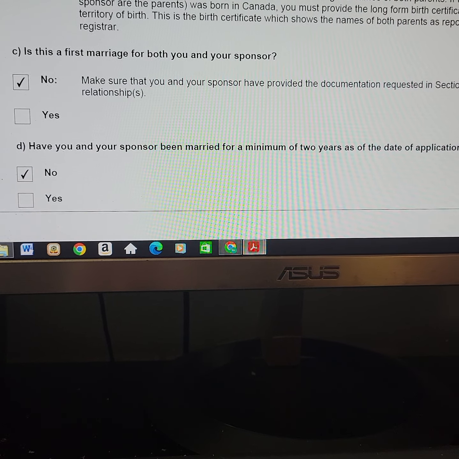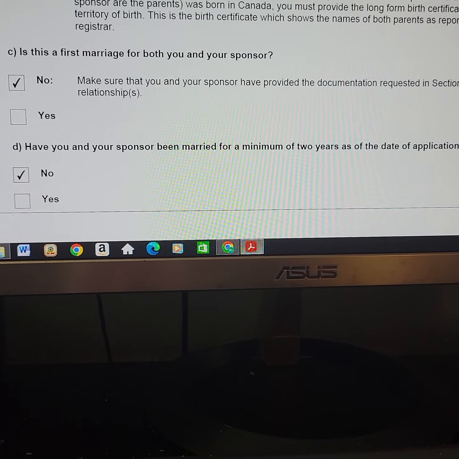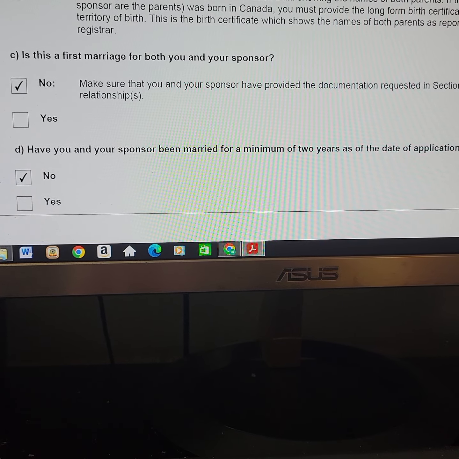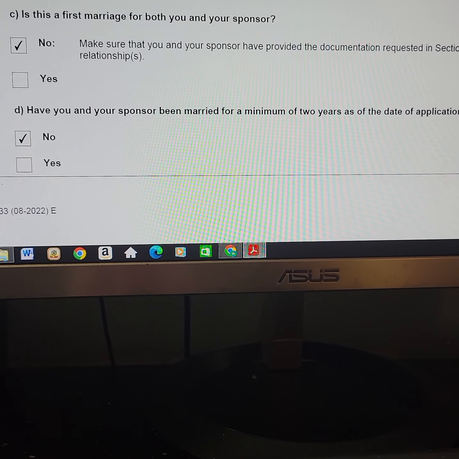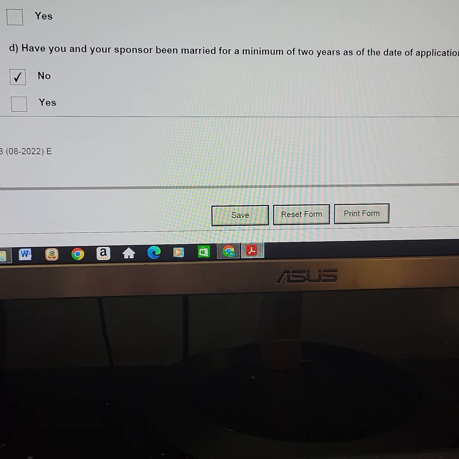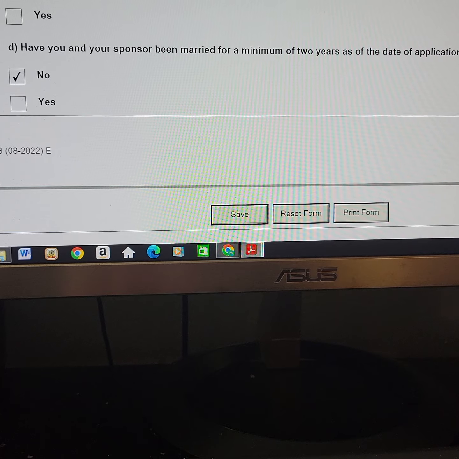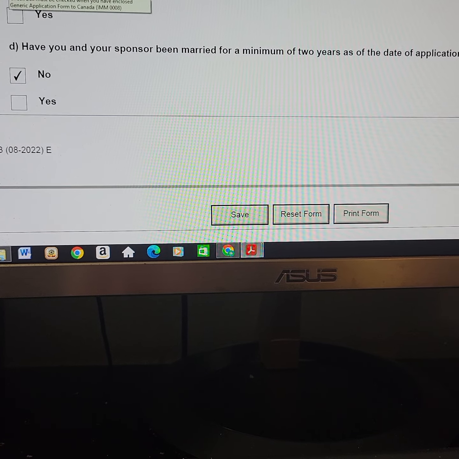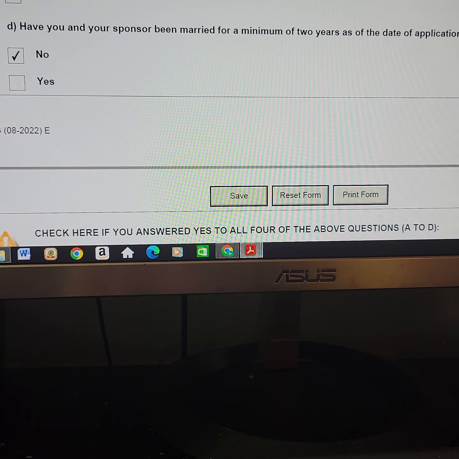Do you and your spouse have any children together? We don't, but if you do, you have to provide copies of the birth certificate for each child. Is this the first marriage for both you and the sponsor? Obviously, I had to say no because I was married before.